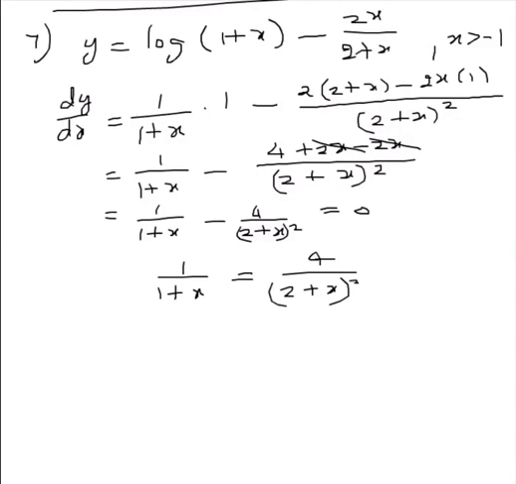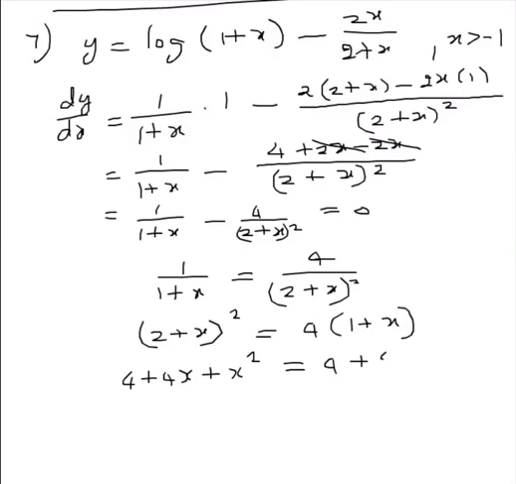I am cross multiplying. Opening the brackets. We get x square as 0. That is x as 0.